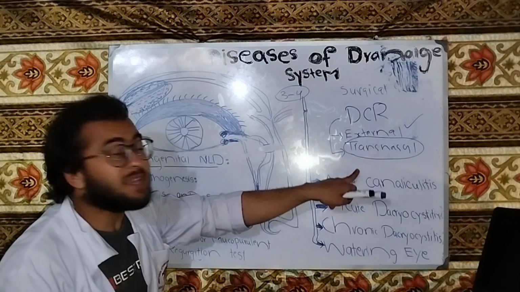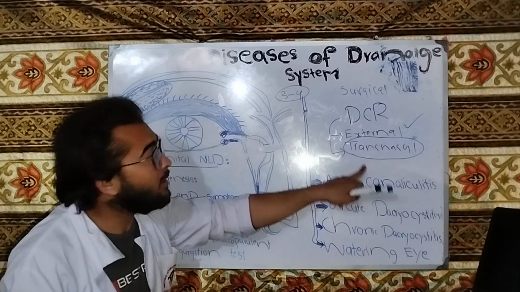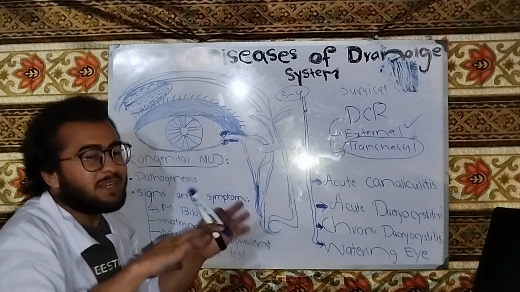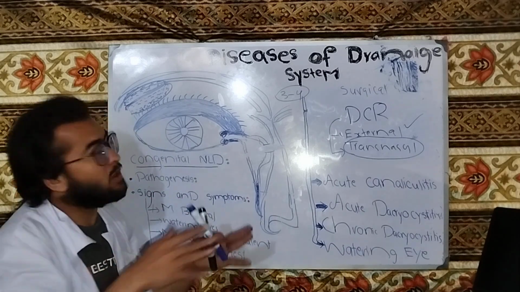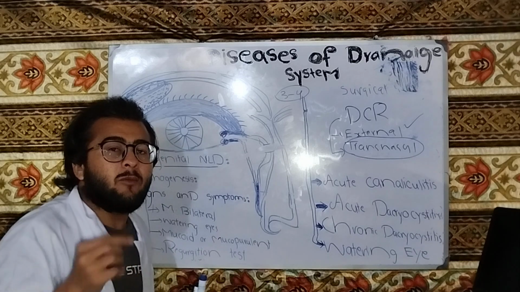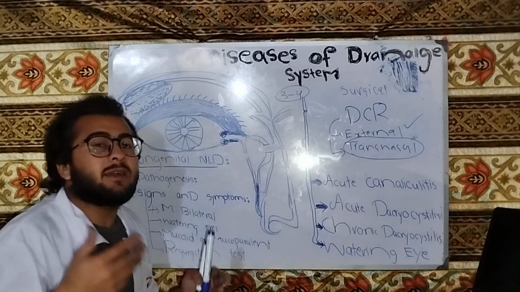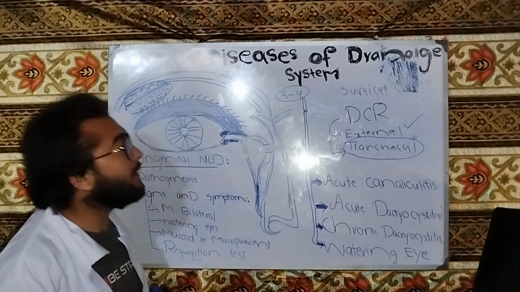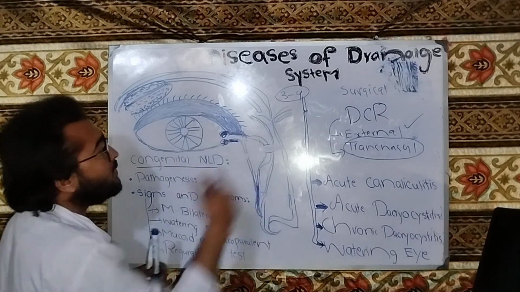But in transnasal approach, we will not have a scar, but in the external approach, we will have a scar. So there is one advantage and one disadvantage in both of them. In one we will get a scar, in another we will get less chance of success. Okay. So this was about the DCR.